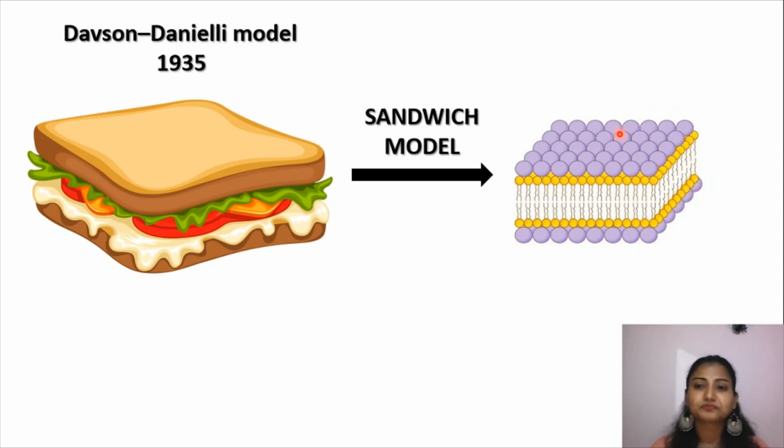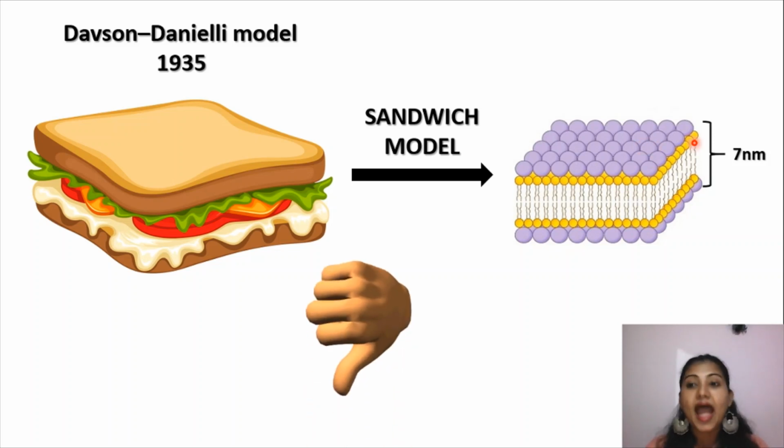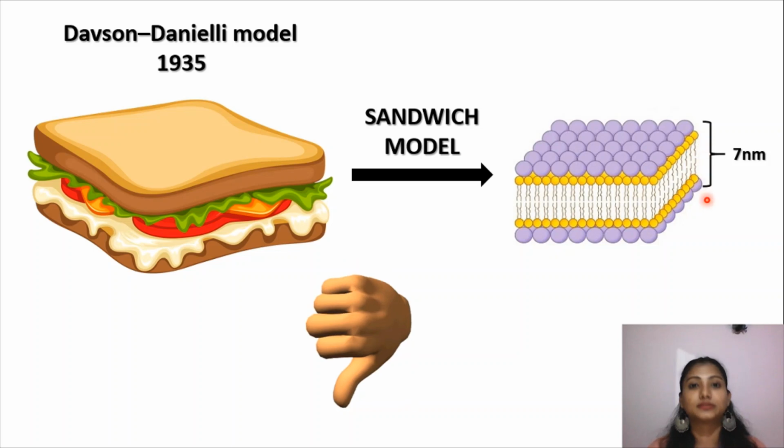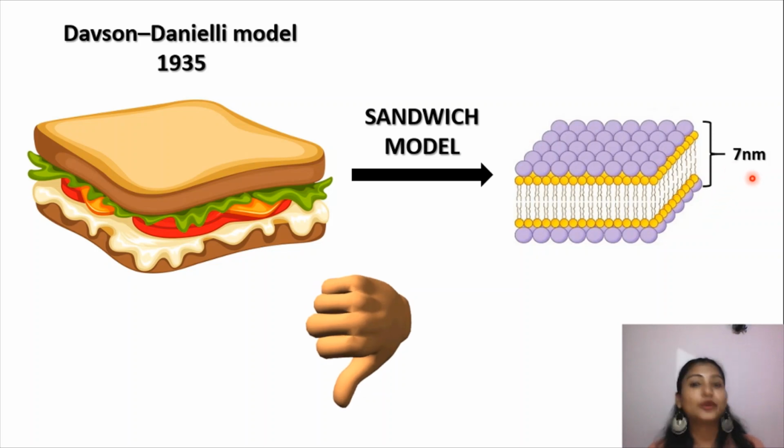And the upper layer, which you can see in purple color, is the protein, which is the bread. But later, because of some things they were not able to prove, this model given by Davson-Danielli got rejected.